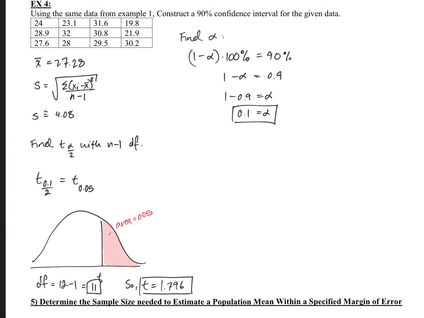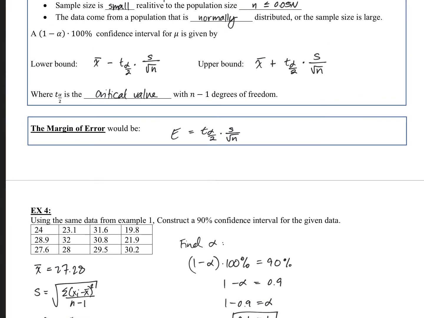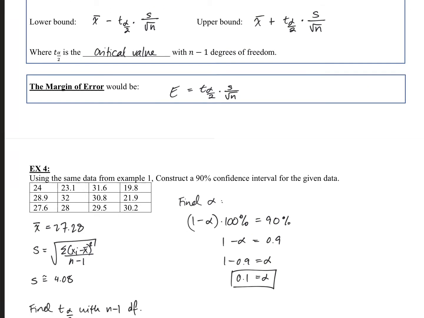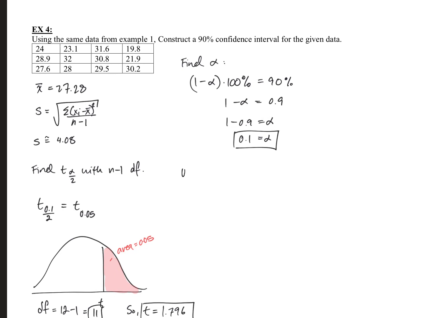Well, we're going to use our formulas to find the upper and lower bound, which will give us the confidence interval. So our lower bound is going to be x bar minus t of alpha divided by 2, and our upper bound is going to be x bar plus t of alpha divided by 2 times s divided by the square root of n. So we go ahead and label these for the solving. As usual for upper bound, we can abbreviate it with UB.